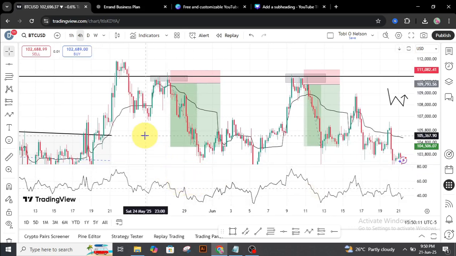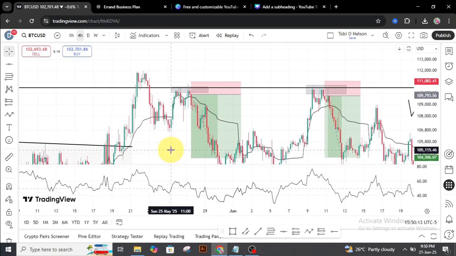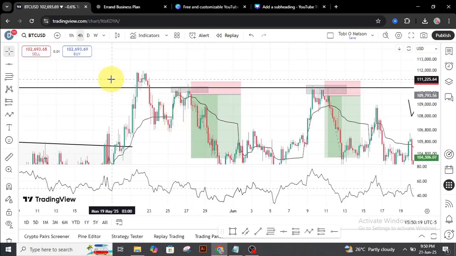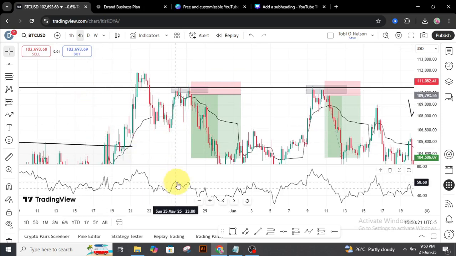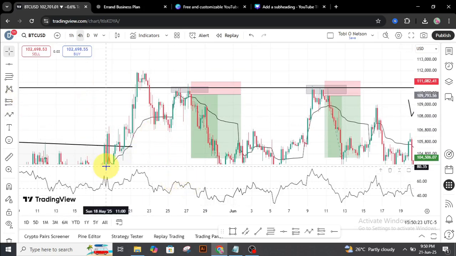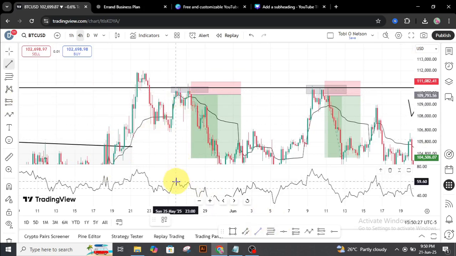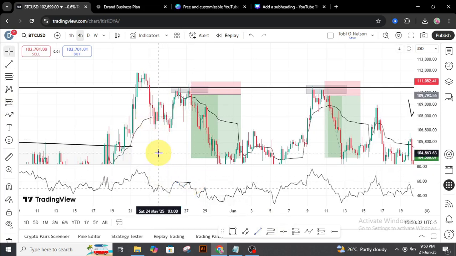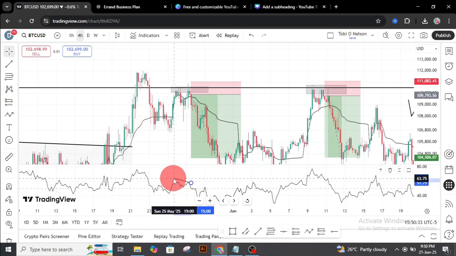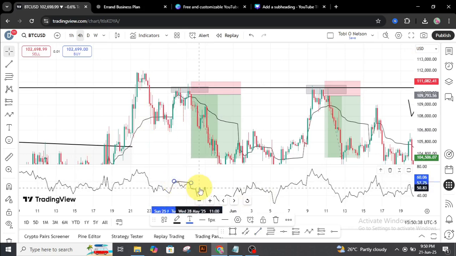What you want to be looking out for is divergence. You can see here the market is moving, making a double top, but what you want to be looking at is the RSI making lower lows. What I marked here is slanted to the downside, which means there is no momentum to the upside.